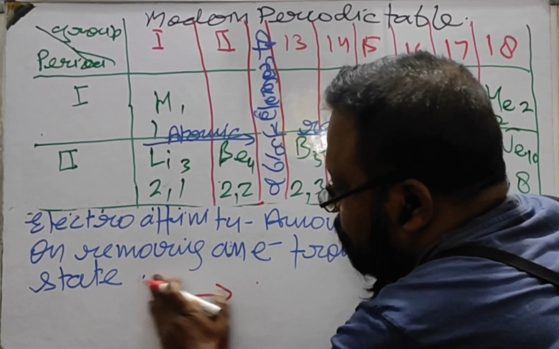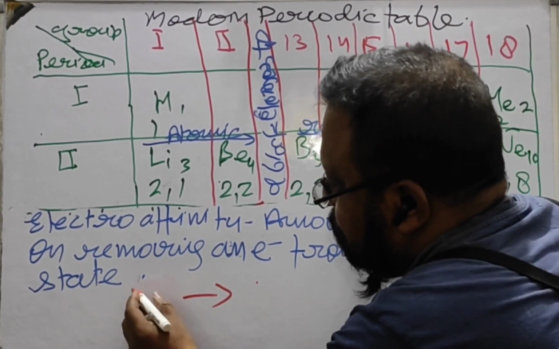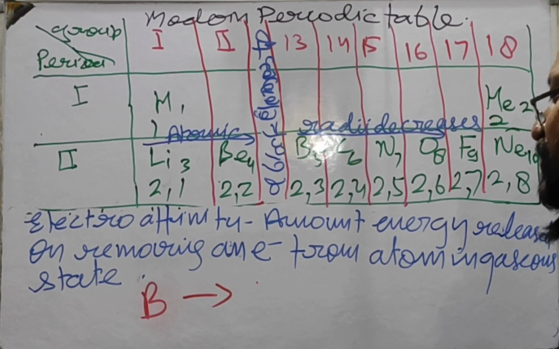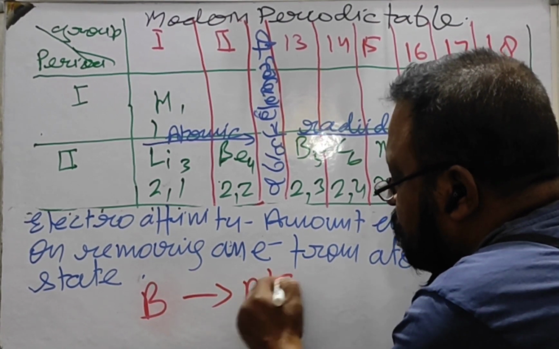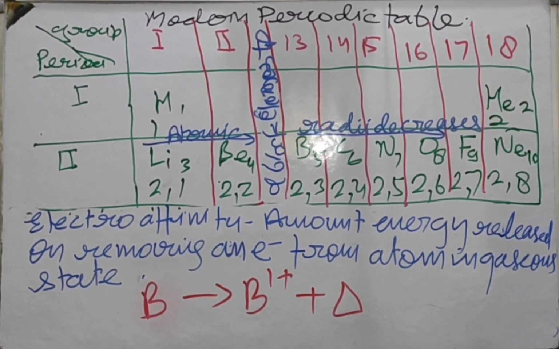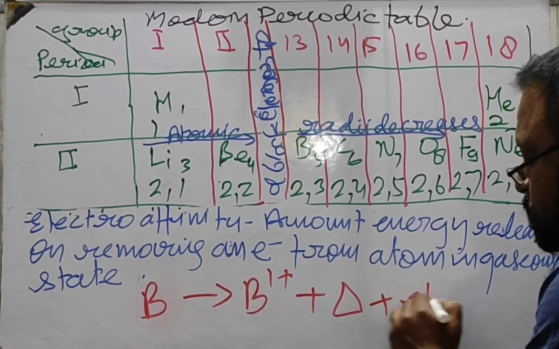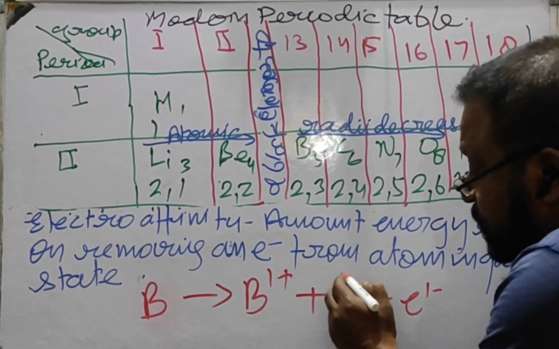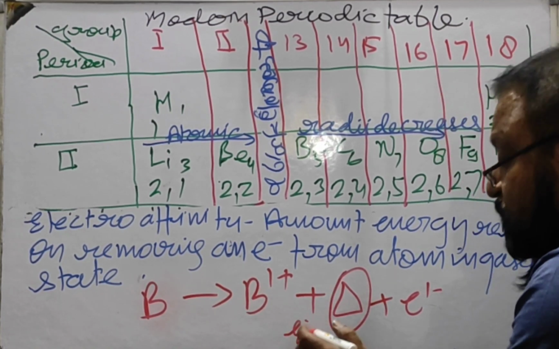Sorry, don't go for chlorine. You come to boron, right? So it is having 3 electrons. If it loses 1 electron and gets a plus one charge, then it releases some energy, right? The electron is coming out, energy is coming out. So this is known as electron affinity.